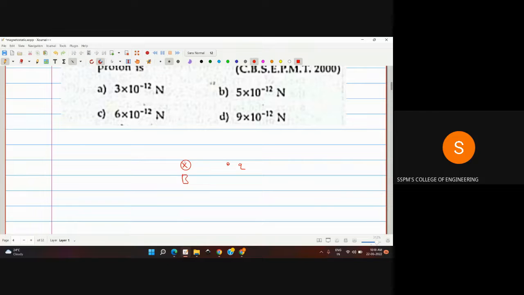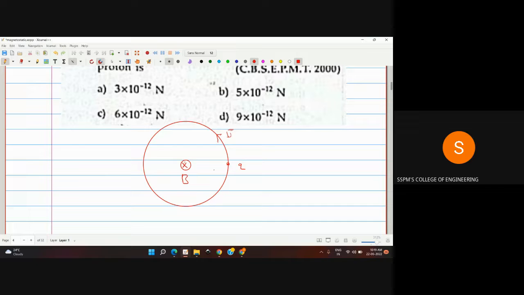And if there is any charge in the medium of magnetic field, then the magnetic force is exerted, and due to that magnetic force, the charged particle is moving or rotating around the magnetic flux with angular velocity V. The velocity of the charge is V and magnetic field is B.